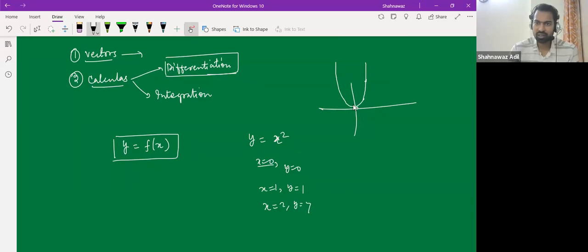So you see that in a function you have one quantity on the x-axis. So let's say this is x, and on the y-axis we have this function, right? So this is called the independent variable for a function, and this is the dependent variable on the y-axis.